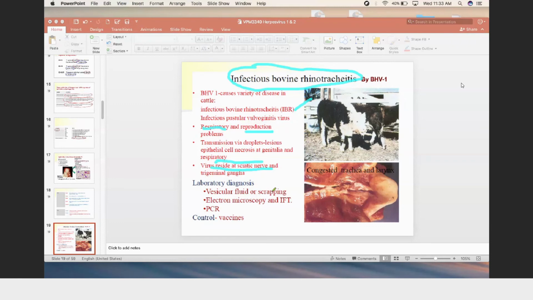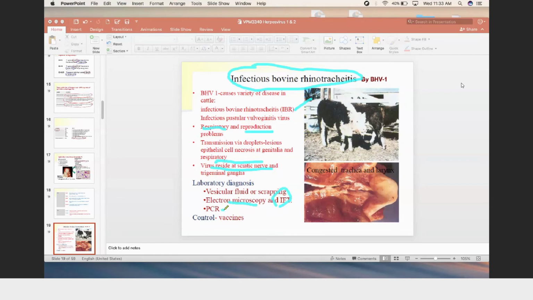To diagnose this, you need vesicular fluid or skin scraping. Then you can do virus isolation, electron microscopy, and immunofluorescent test, IFT. Sometimes the acronym is IFT, sometimes IF, it is the same thing.